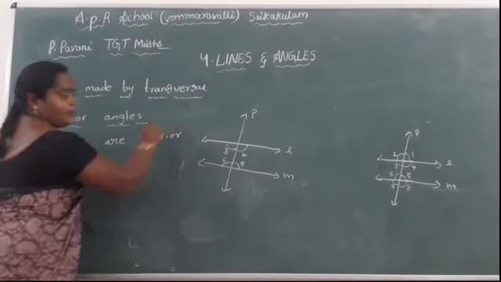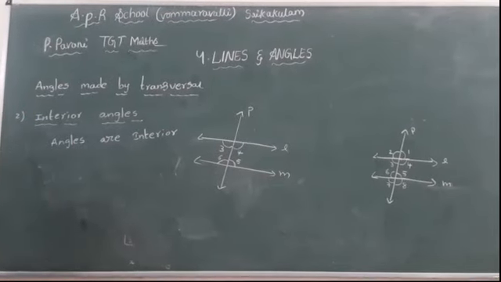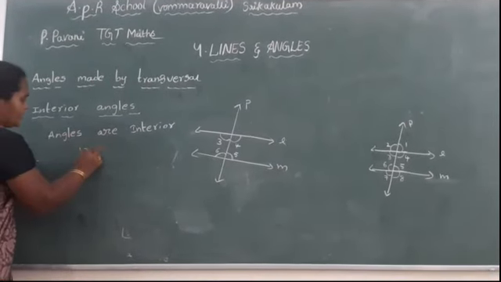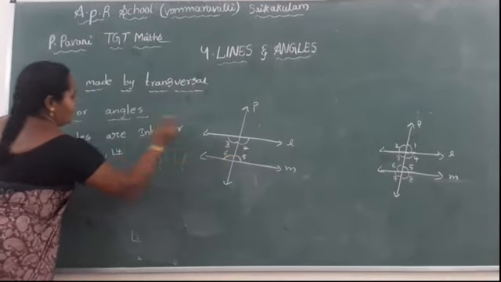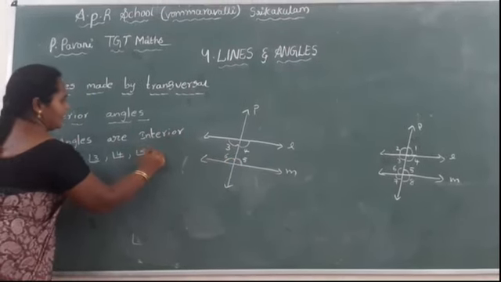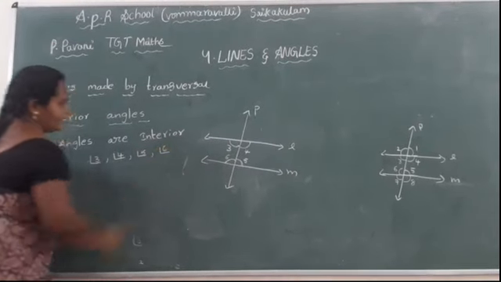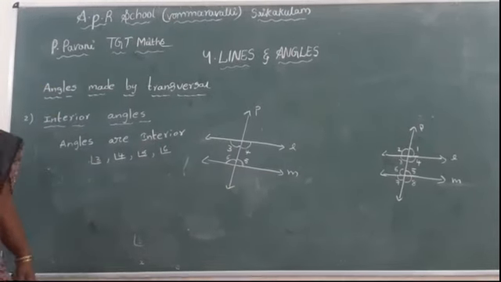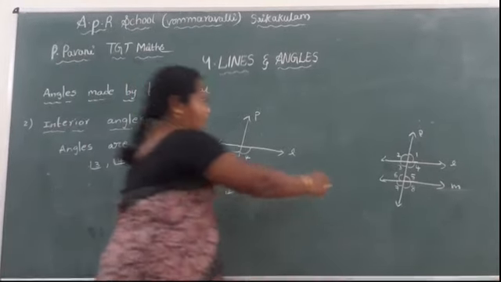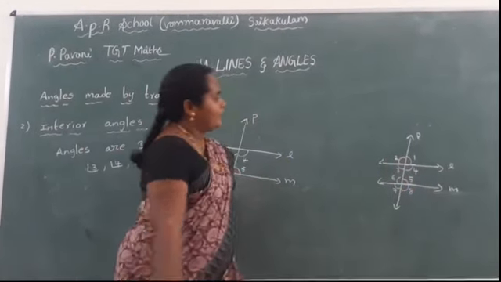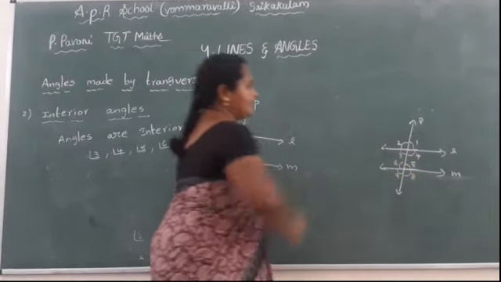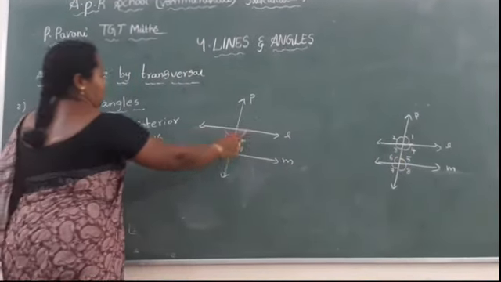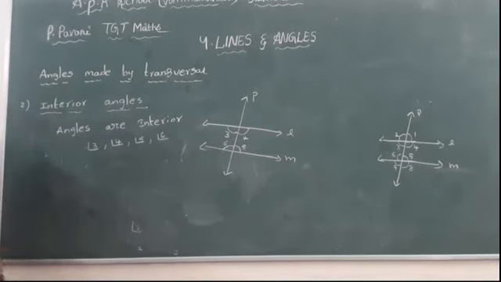Angle 3, angle 4, angle 5, and angle 6. These are the interior angles. Angle 3, angle 4, angle 5, angle 6 are the interior angles. Next one.